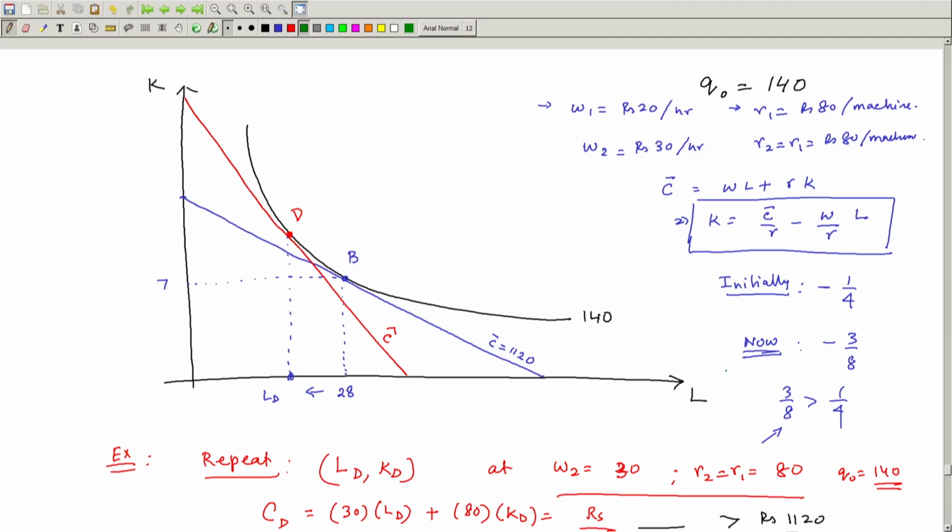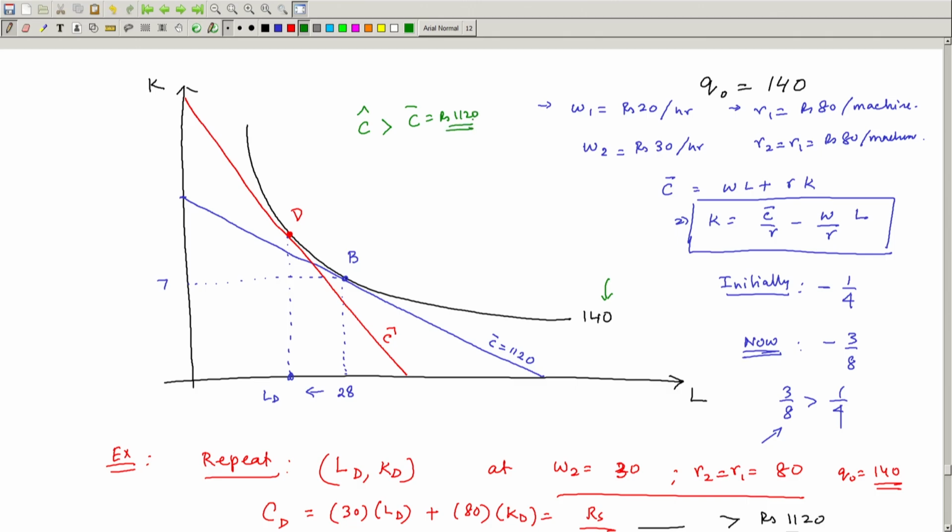And in this graph, pictorially we were able to show that if the input price of labor changes and we still want the firm to produce 140 units of output, it is going to be more expensive for the firm, because C hat, the cost associated with this isocost line passing through the point D, is greater than C bar, which is equal to rupees 1120.